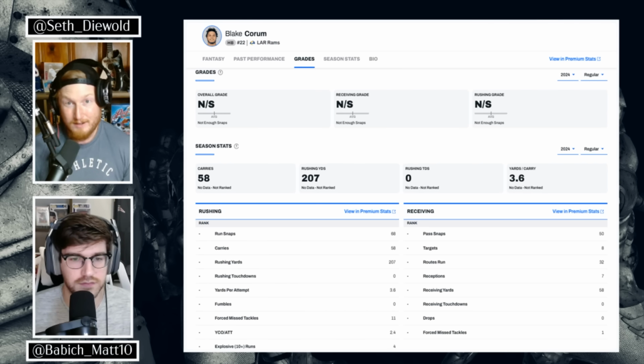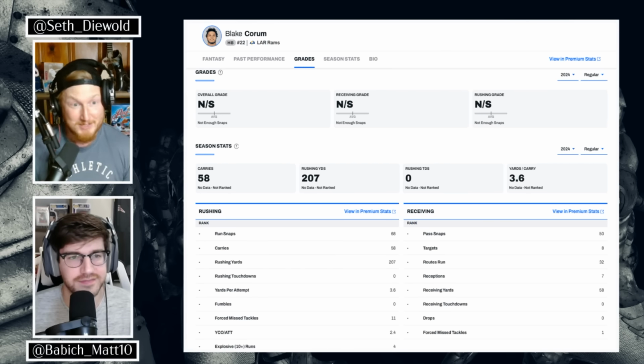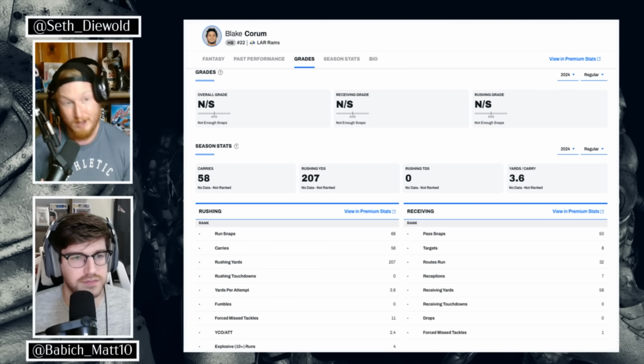But if anything happens to Kyren Williams, and the season before last, he missed some time, you would think that Sean McVay's first impulse and instinct is going to be, okay, Blake Corum, you're going to be out there, maybe not for 88% of the snaps, but maybe 70% of the snaps, getting all those red zone touches, because we know that offense is going to be able to move the ball with Devontae Adams, Puka Nacua, Matthew Stafford.